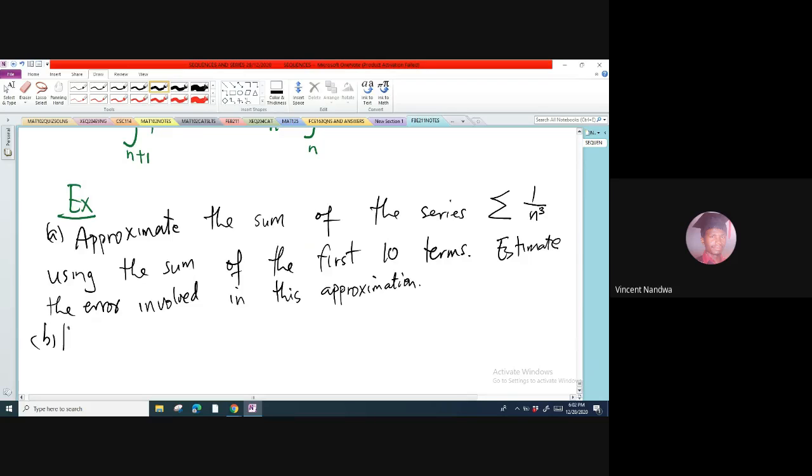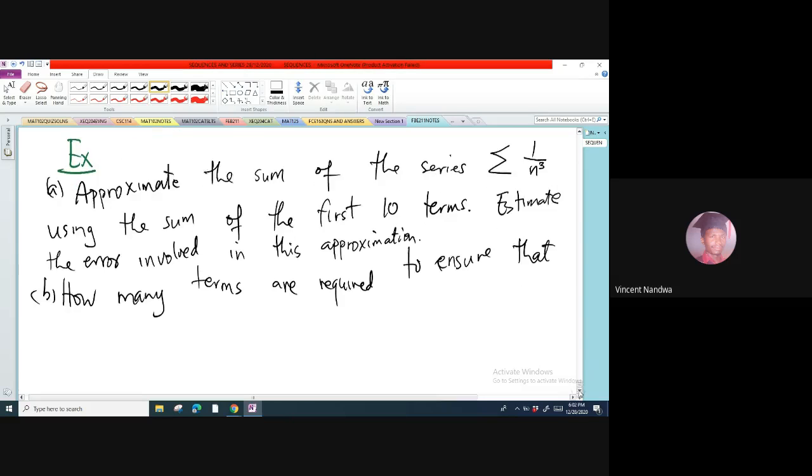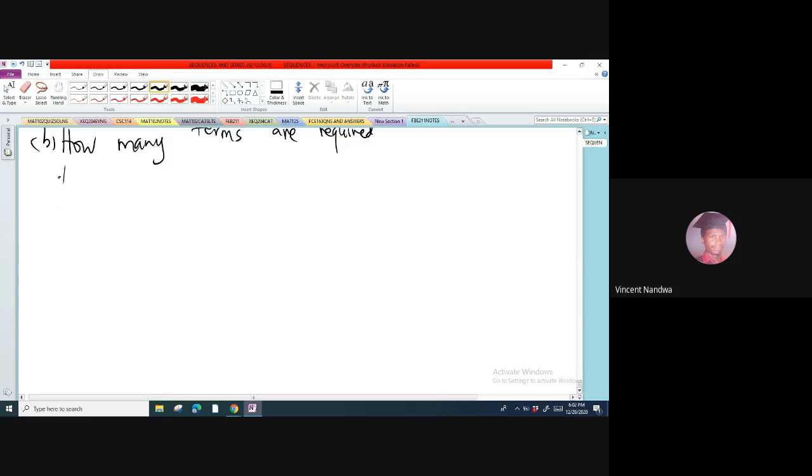B: how many terms are required to ensure that the sum is accurate to within 0.0005 accuracy.